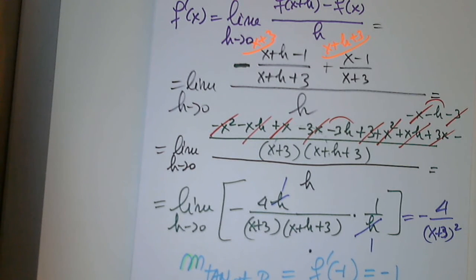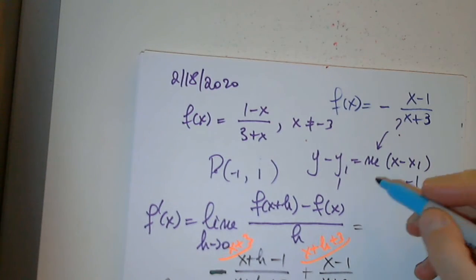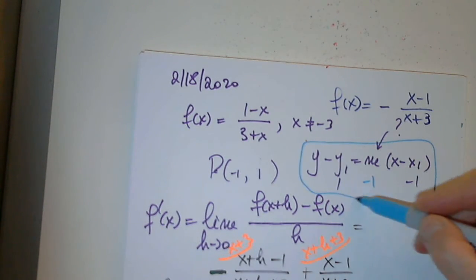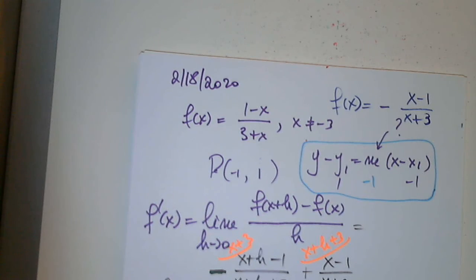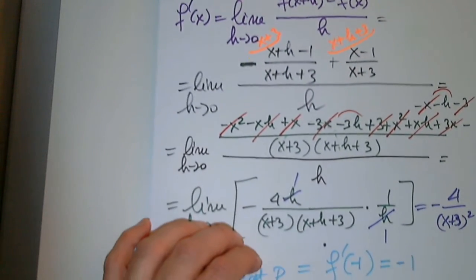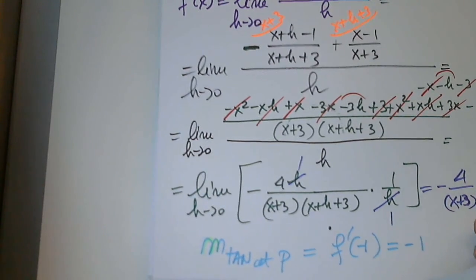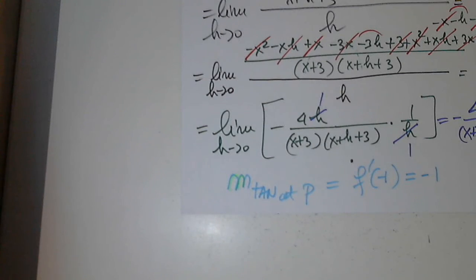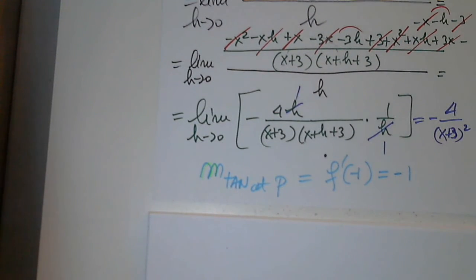All I have to do now is go back here and replace everything to get the equation of the tangent line. So I determined the slope at negative 1 is indeed negative 1. So now I write y minus 1 equals negative 1 times x plus 1.